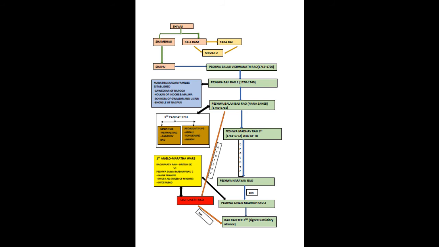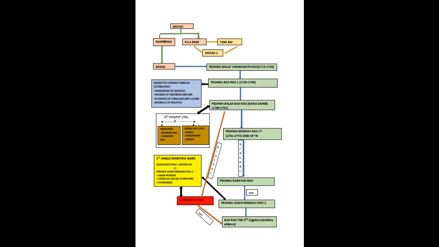4th Peshwa, Madhavrao I, 1761 to 1772. Madhavrao I was the 4th Peshwa. He defeated the Nizam of Hyderabad, got tribute paid by Hyder Ali of Mysore, and defeated the Rohilas, Rajputs and the Jat chief. He was responsible for reinstating Mughal Emperor Shah Alam in Delhi, but sadly Madhavrao I died of consumption, which is TB, tuberculosis.